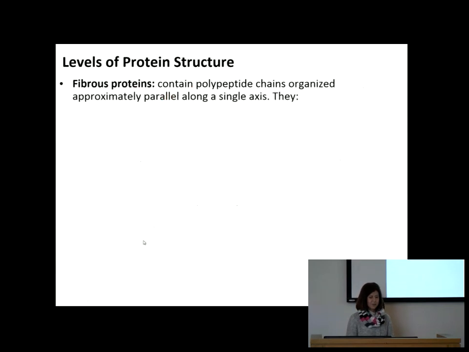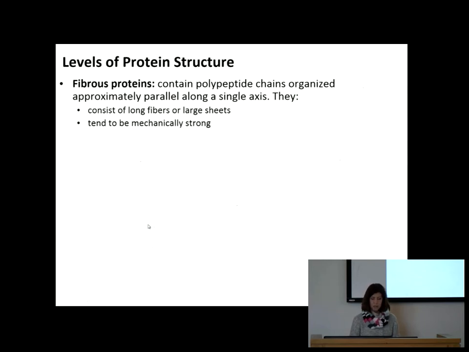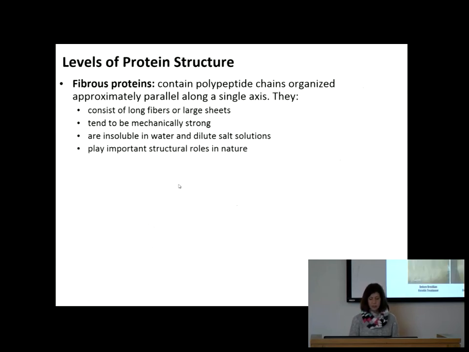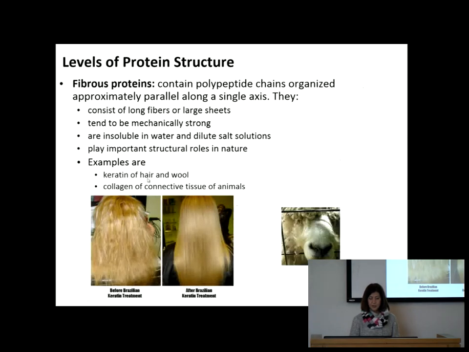All right, let's talk about fibers first because they don't really do much other than give mechanical strength. They're long fibers or sheets. They're quite strong, and they usually are insoluble in water. So because of this, they're structural in nature. Keratin in wool, collagen of connective tissue in animals.